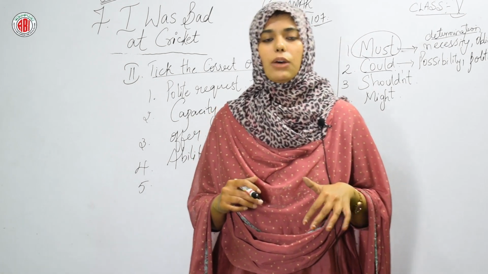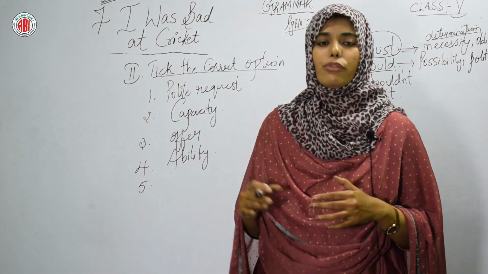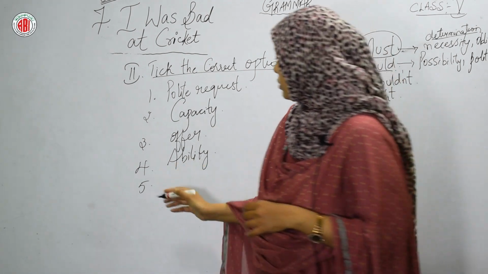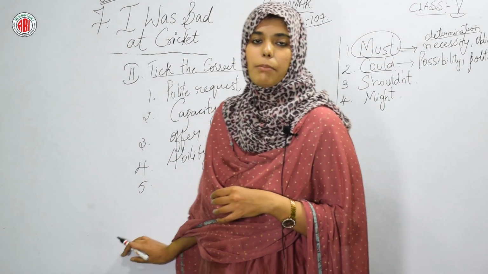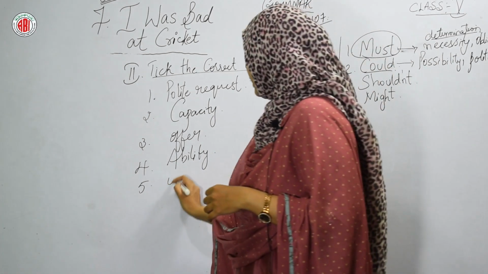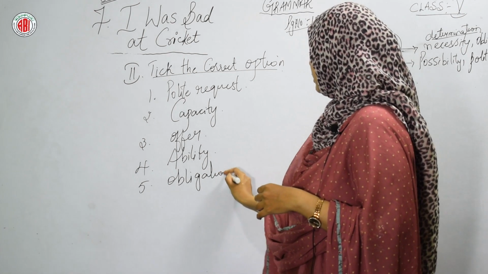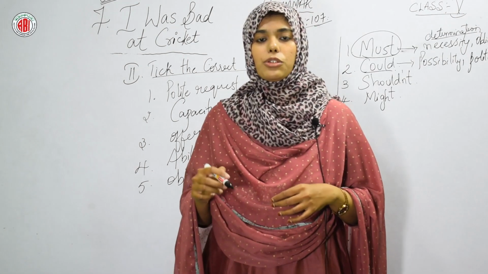We must do this now is an obligation, which is a kind of duty. At any cost we have to do this now. So this statement is telling us about obligation. Obligation is nothing but a compulsory duty that you should do now.